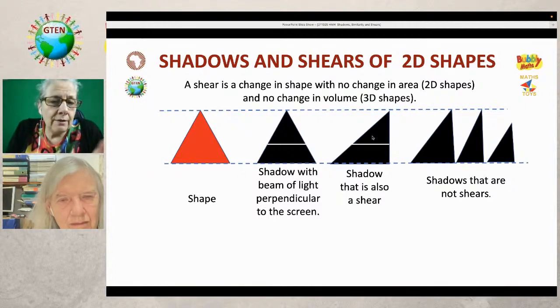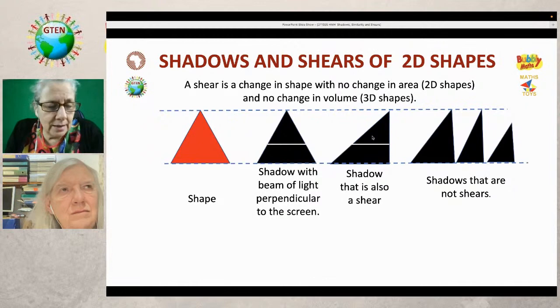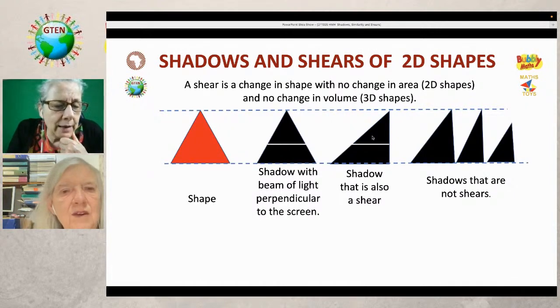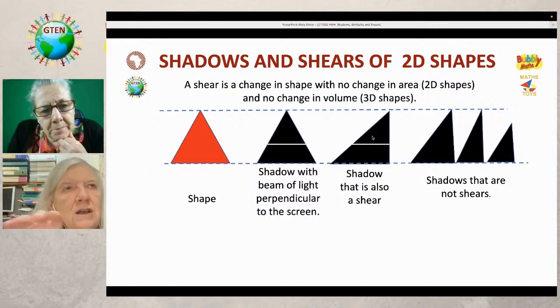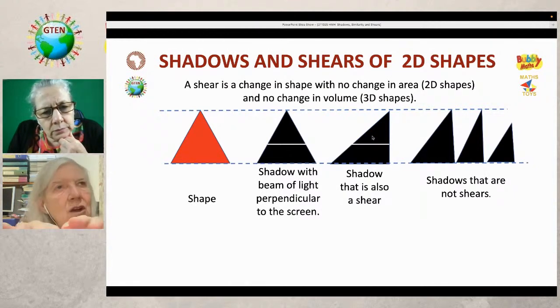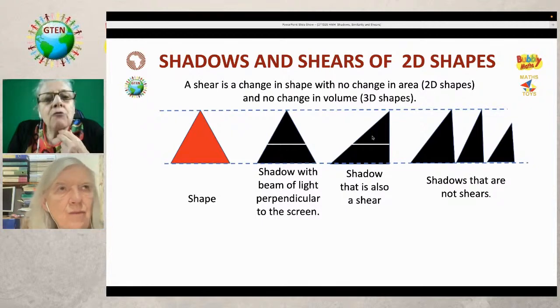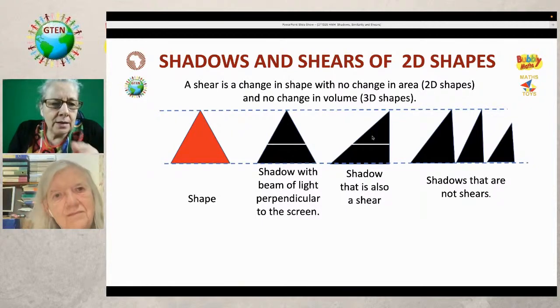Therefore, the area, the base doesn't change. The height doesn't change. Therefore, the area doesn't change. So we can see that. Yes. And these horizontal slices are where they slice through each of those two shapes. If they're on the same horizontal level, the horizontal slice is the same. Right. Width. So that width doesn't change either. Okay. Yeah.